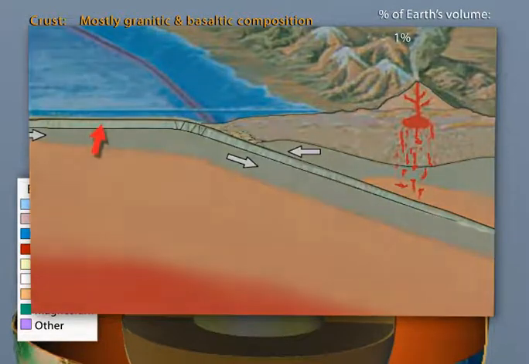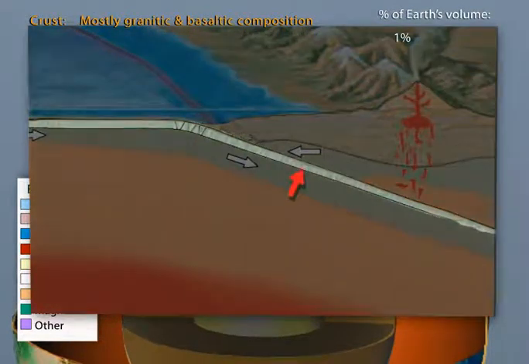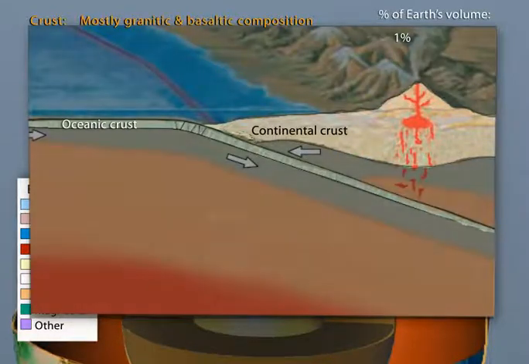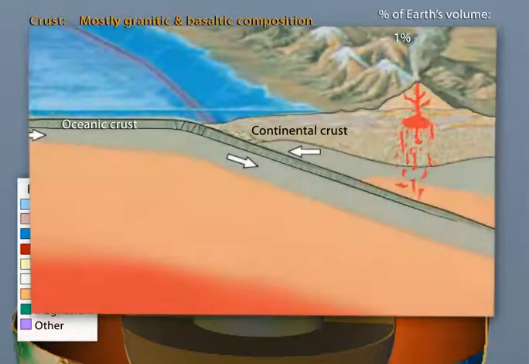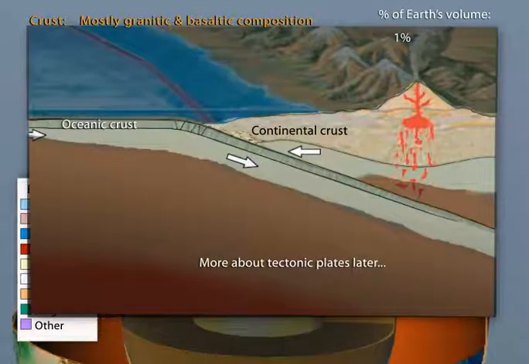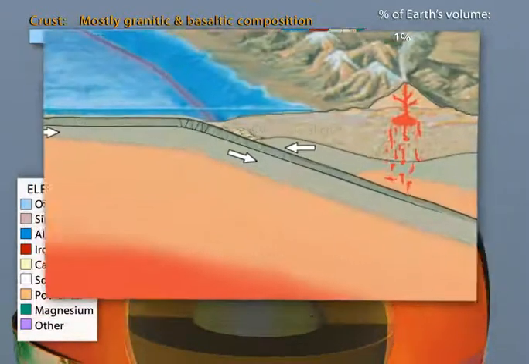The crust ranges from 5 to 10 kilometers thick in the dense basaltic oceanic crust, and up to 75 kilometers in the thicker, less dense granitic rock of the continental crust. This difference in density and thickness of these two types of crust is the reason why the Earth has oceans and continents. The crust is often mistaken for the tectonic plates. However, the crust is just the top part of the tectonic plates. We'll return to the topic in a moment, but first back to the three layers.